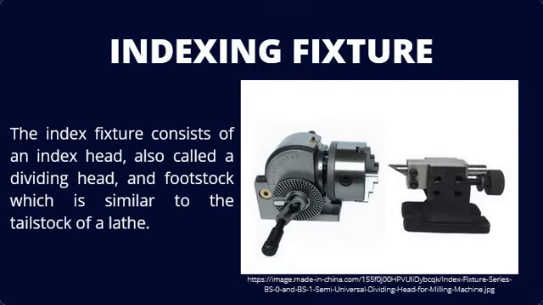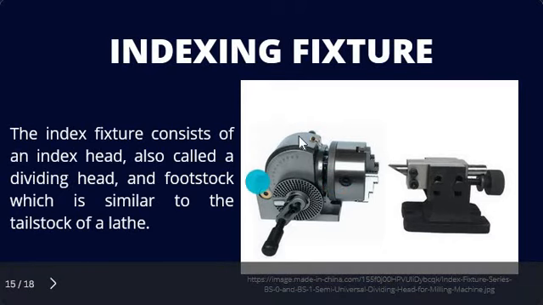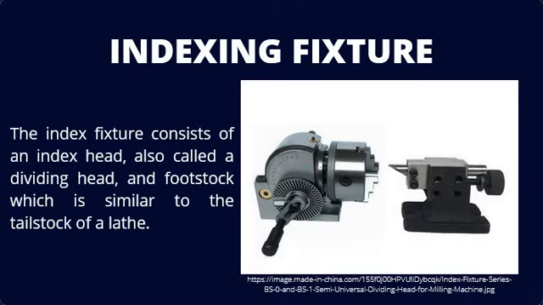The index head and footstock are attached to the work table of the milling machine by T-slot bolts. An index plate containing graduations is used to control the rotation of the index head spindle. This is the graduated scale. The plate is fixed to the index head, and an indexing crank is connected to the index head spindle by a worm gear and shaft.